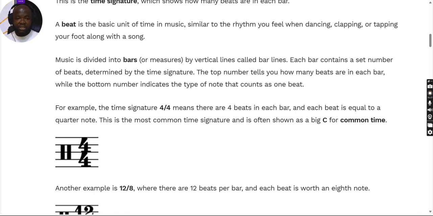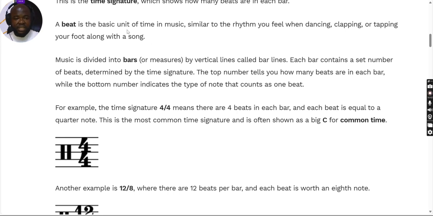The number you see above tells you the number of beats you are to play in that bar. The number you see below refers to the note itself, the type of beat you're playing, while the number above refers to how many of that note you're going to play. I'm going to explain that very soon.